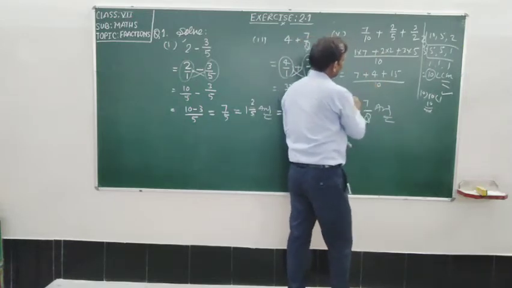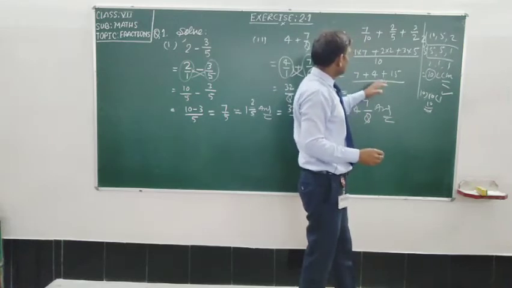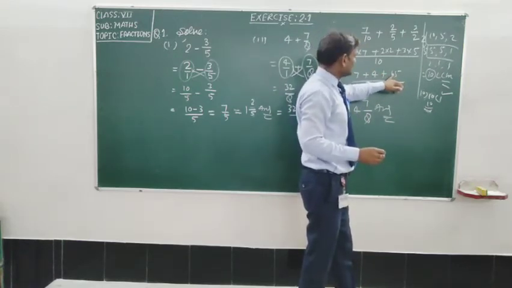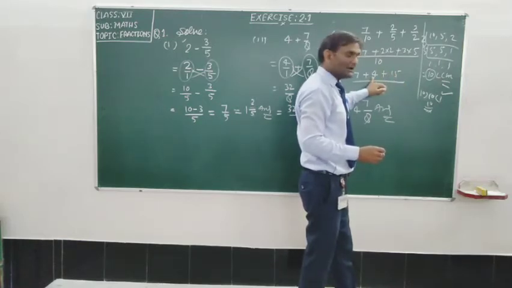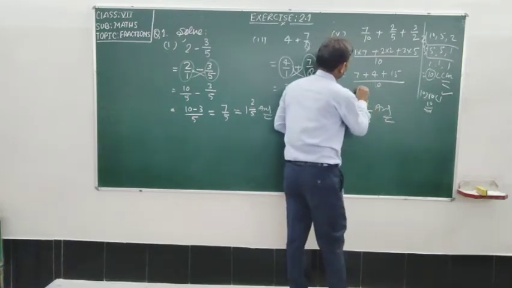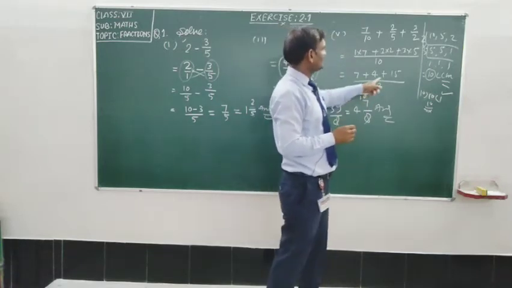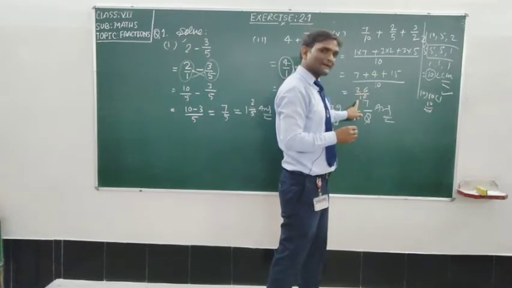Okay, and write the denominator, meaning the LCM. Now add it. 15 plus 4 is 19, 19 plus 7 is 26. 26 upon 10.